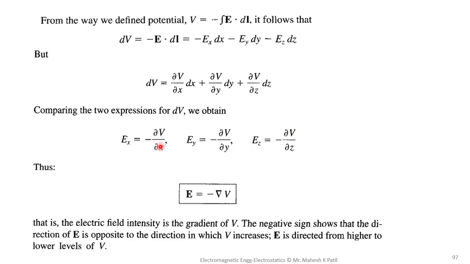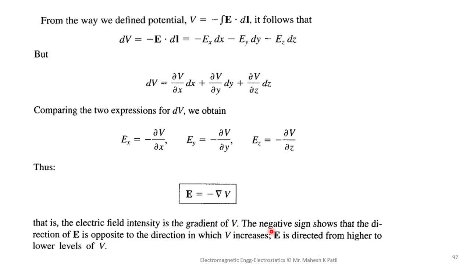If you observe this equation, this is nothing but the gradient of V. So we can write directly that electric field intensity is the negative gradient of potential. So E is equal to minus del V, that is, E is equal to minus the gradient of potential.